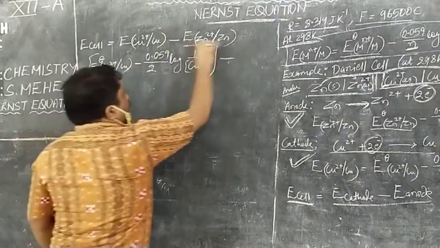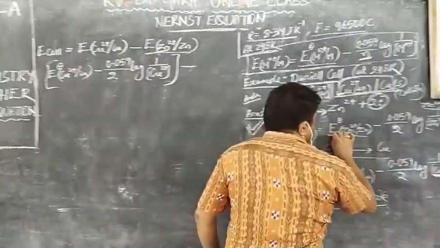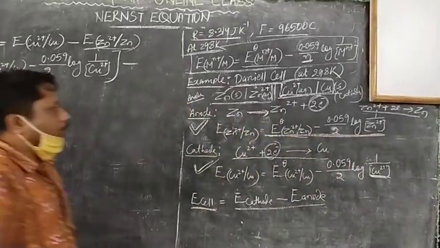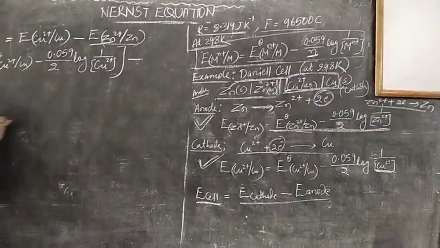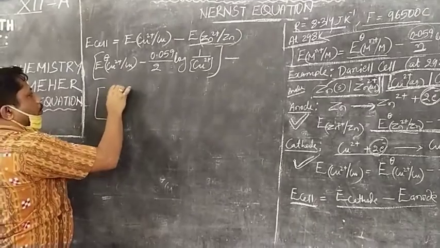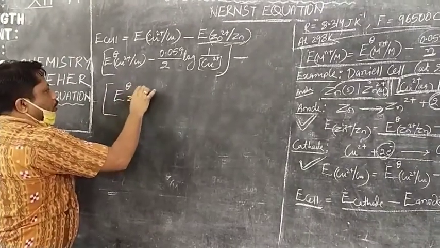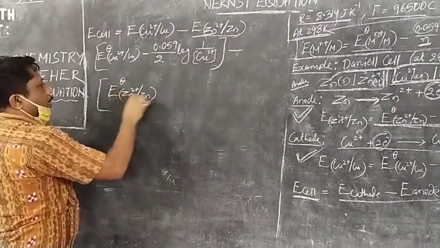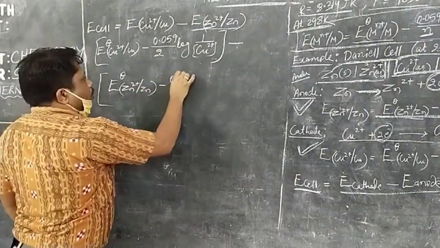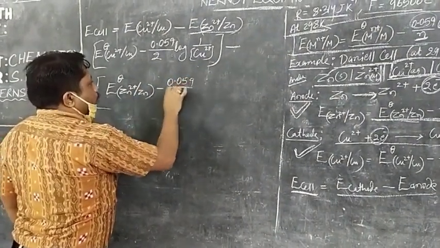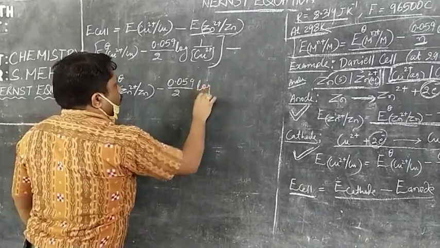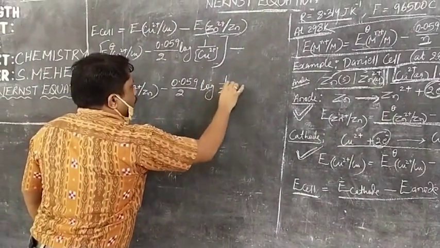In place of the zinc electrode, you can write E naught Zn2 plus slash Zn minus 0.0595 by 2 log 1 by Zn2 plus.